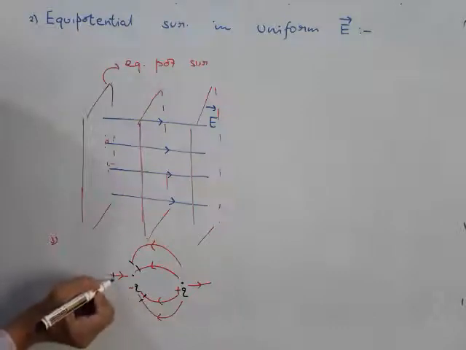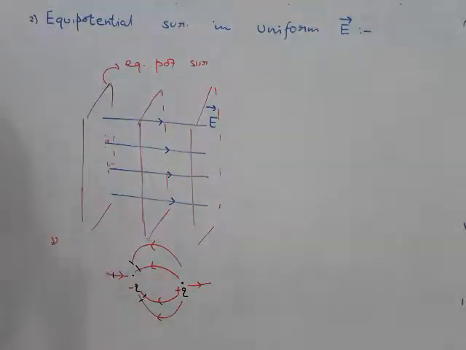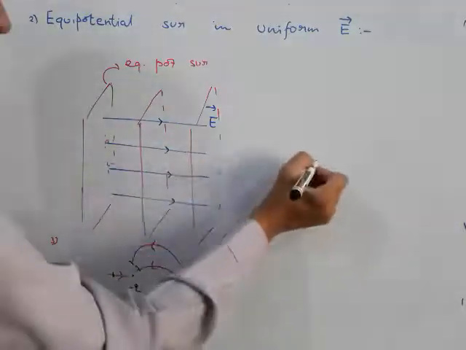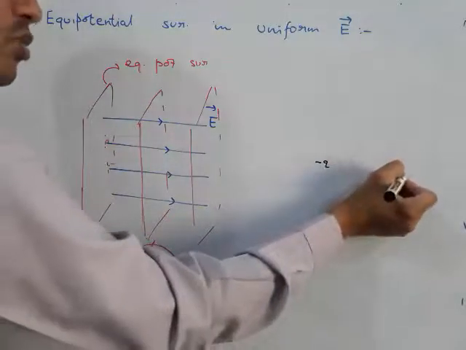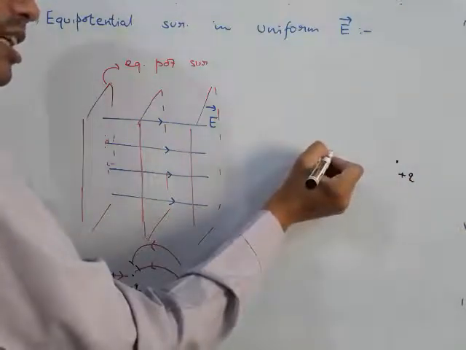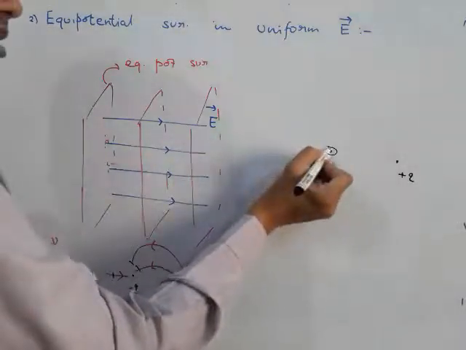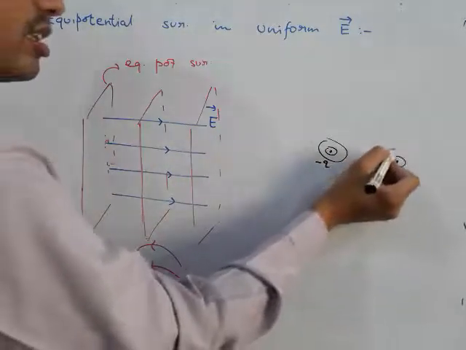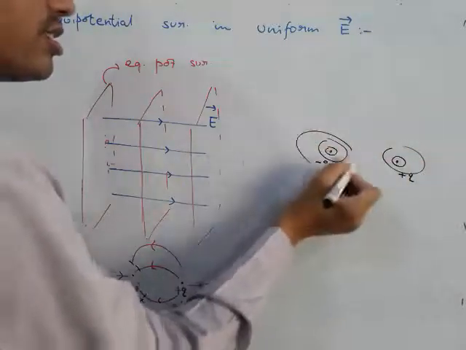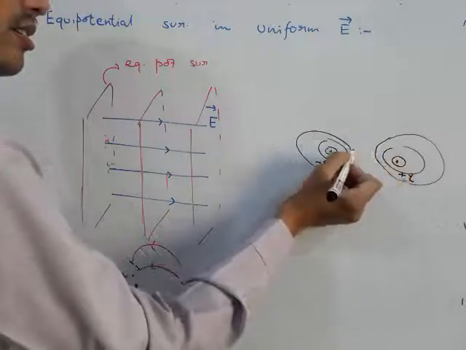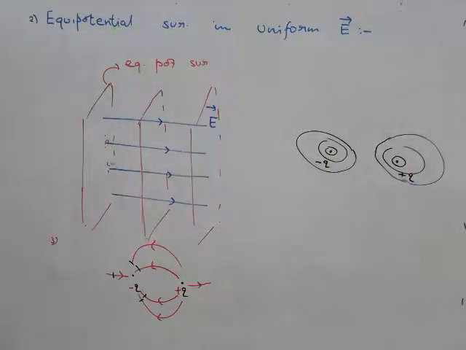Always at right angles to the electric field lines. This gives you the hint that if you have minus q charge and plus q charge, that is an electric dipole, then the equipotential surfaces due to them will be something like this. You can draw some more such surfaces.